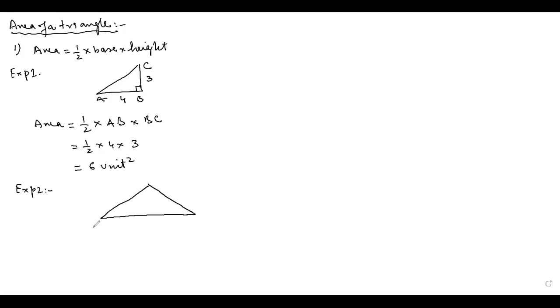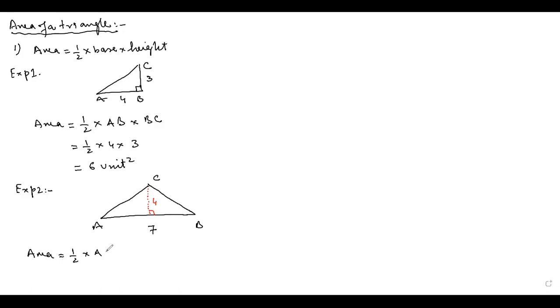This one is a triangle ABC. This side is given 7. And this height is given and equal to 4. Now, area is equal to half.